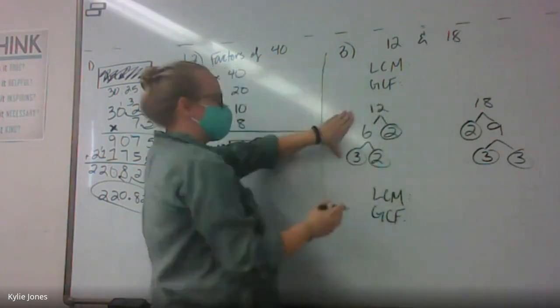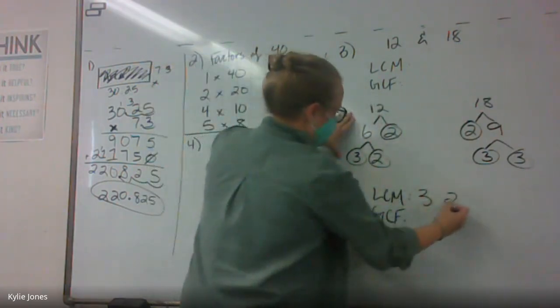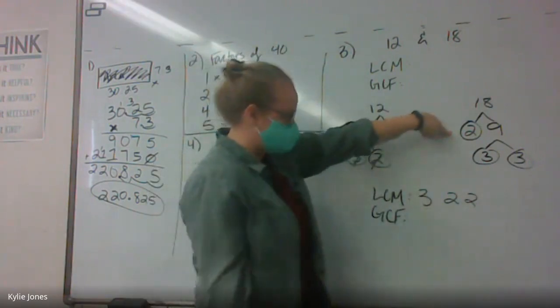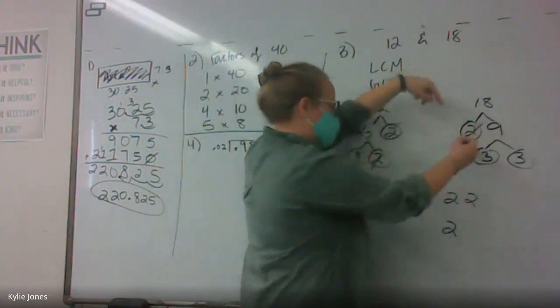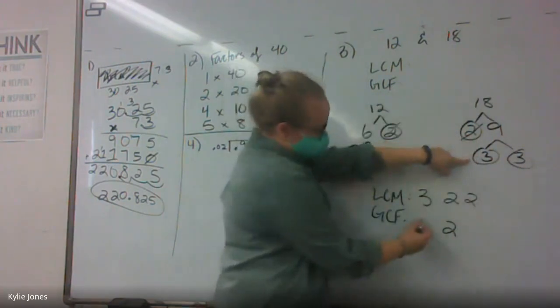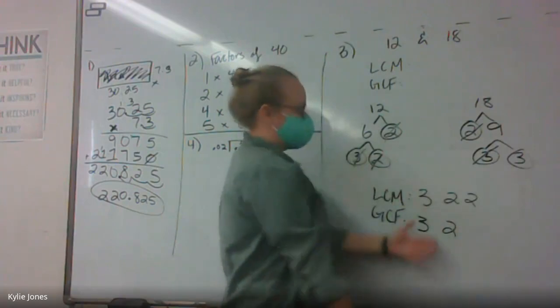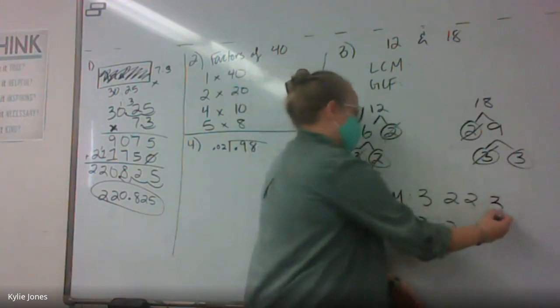So I'm going to put the numbers for 12 on top, 3, 2, and 2. And let's match. Is there a 2 to match? Yep. Is there a 3? Yep. Is there another 3? No. So where do I put it? On the top.